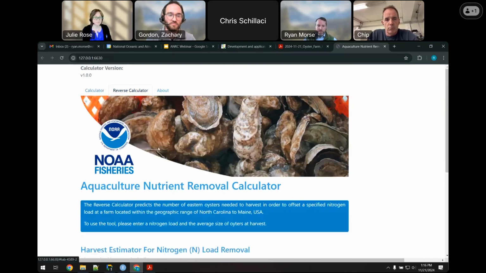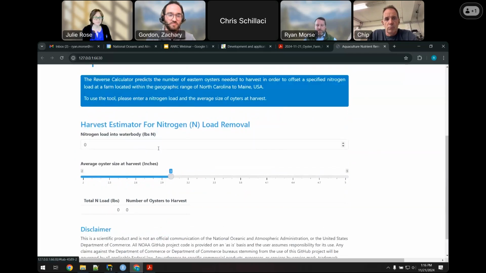So first, there's a reverse calculator, and this just basically allows you to estimate the number of oysters that are required to offset a nitrogen load. So I'll just type in 1,000 pounds of nitrogen, and you're selecting a size. It's defaulting to 3 inches for oysters.